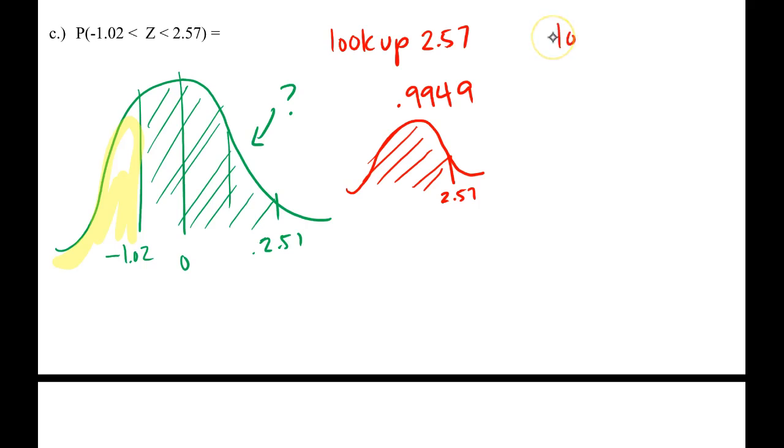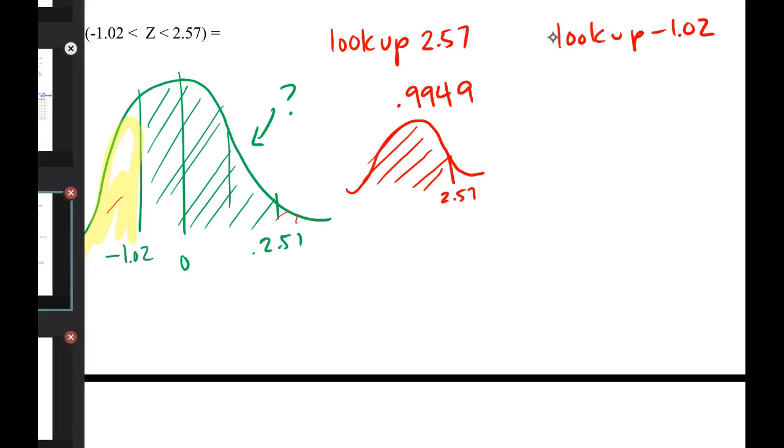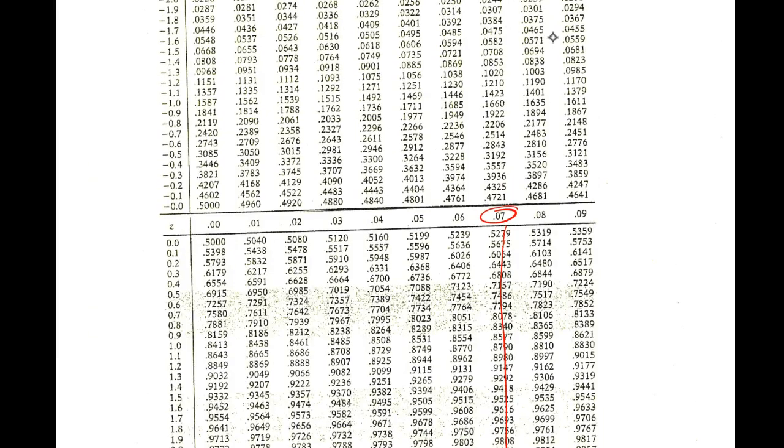So we also need to look up the negative 1.02. And there are lots of other ways to do it. I've had students before look up these two tails and then subtract that all from one. This is just one method. There's a lot of them. So I'm going to look up negative 1.02, which gives me 0.1539.